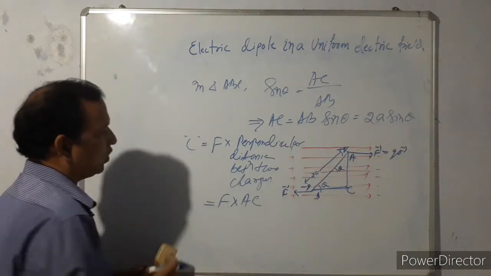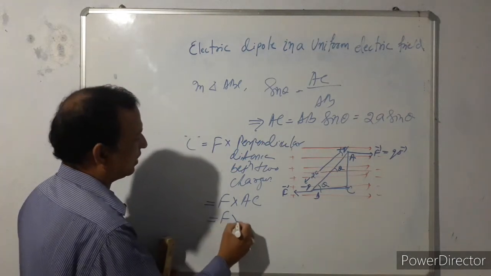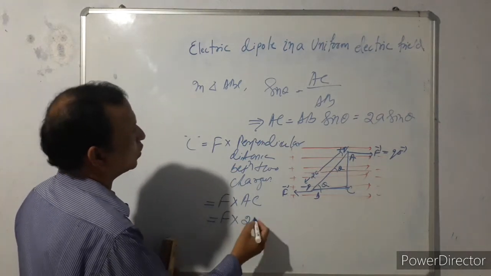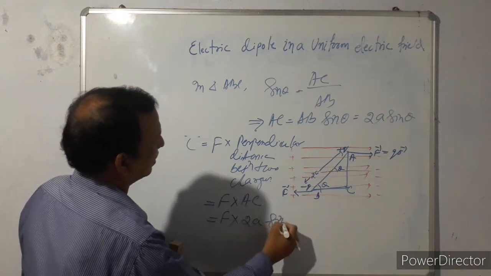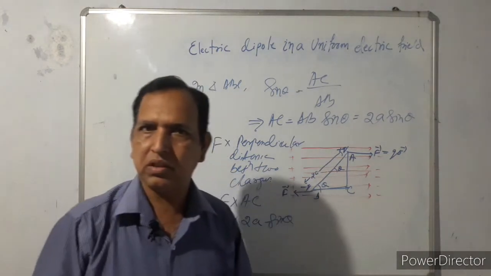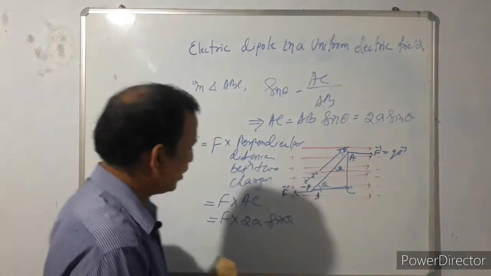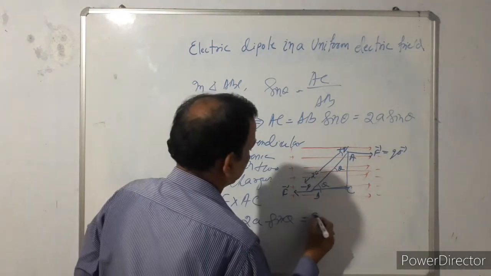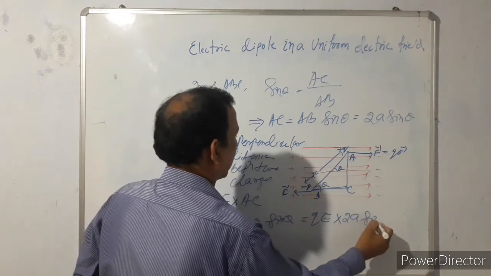Clear? So what is torque? Torque is equal to F into 2A sin theta. What is F? This force is equal to qE in magnitude. So qE into 2A sin theta.